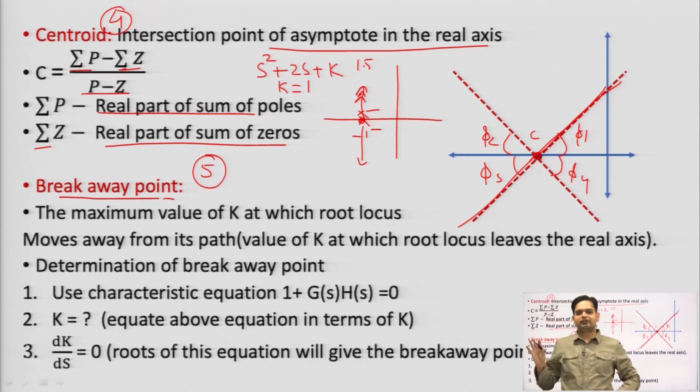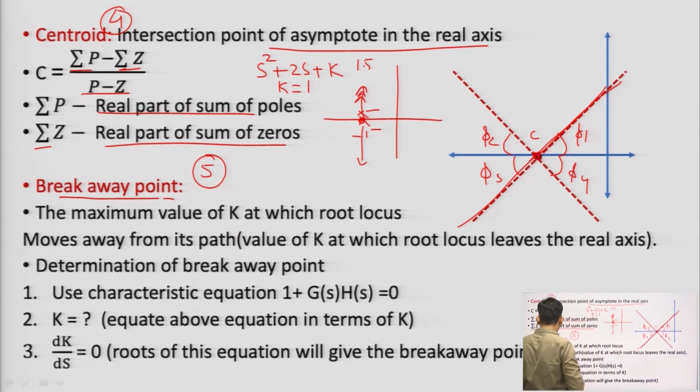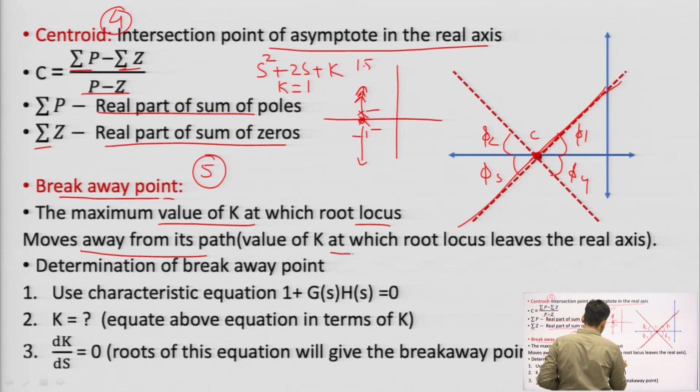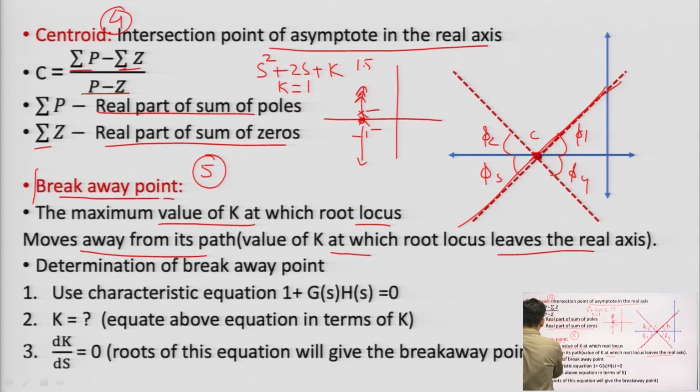Basically, whenever two poles overlap on the real axis, that would be the breakaway point. The maximum value of k at which the root locus moves away from its path, the value of k at which the root locus leaves the real axis, that point is known as the breakaway point. And how can we determine the breakaway point?